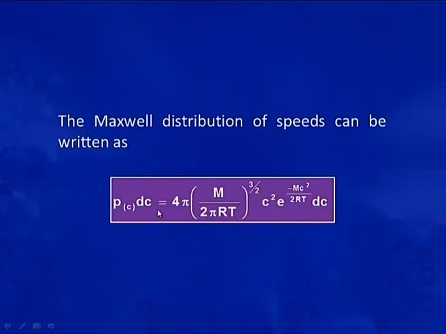So, now we can write the Maxwell distribution equation in terms of R and M. So, the equation is P(c) dc is equal to 4 pi (M by 2 pi RT) to the power 3 by 2 into c square e to the power minus M c square by 2RT into dc.